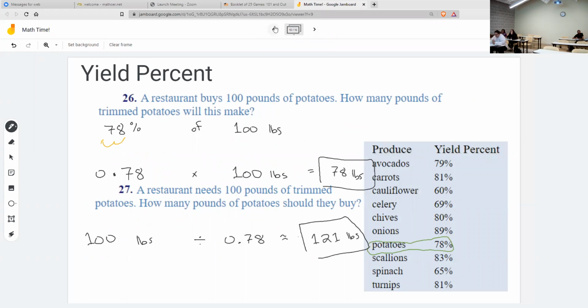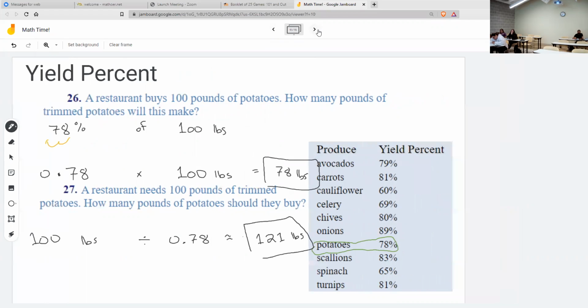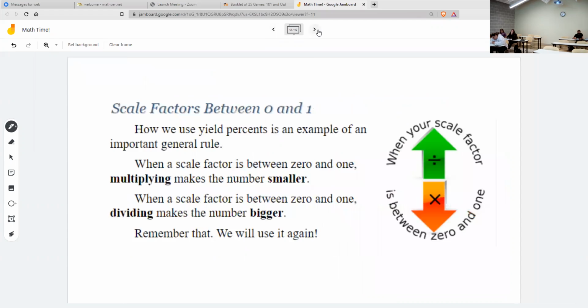Dividing by a number between 0 and 1 makes it bigger. And that seems a little weird because most of the time in life we deal with counting numbers that are bigger than one. So we think multiplying makes things bigger and dividing makes things smaller. But if the numbers you're playing with are decimals between 0 and 1, which percentages will be, then it works the other way. So that is your reminder screen about that.